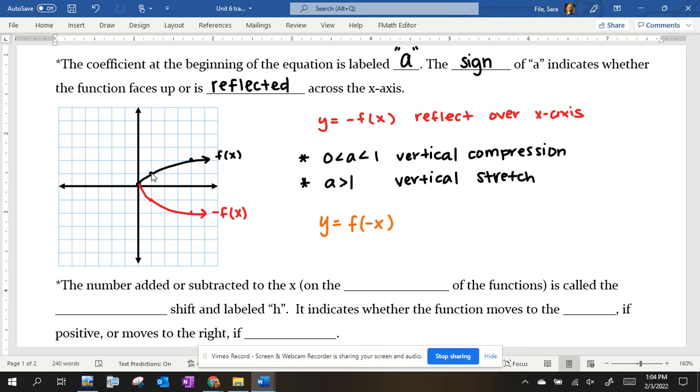If this point, if the x value is changed from positive to negative, where does it go? Right here, right? Same thing with this one. So what's happening? They're reflecting over the y. So if the negative is the a, if it's outside, it's reflected over the x. But if that negative is inside, it's going to reflect over the y-axis. So far, so good?